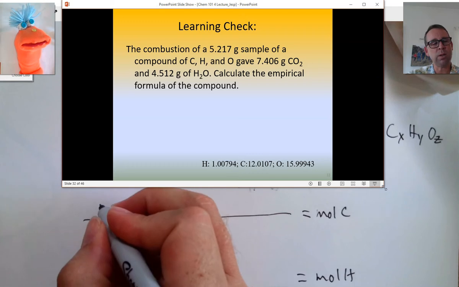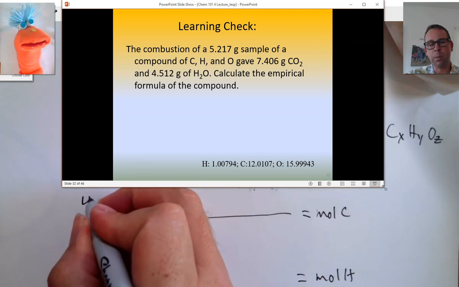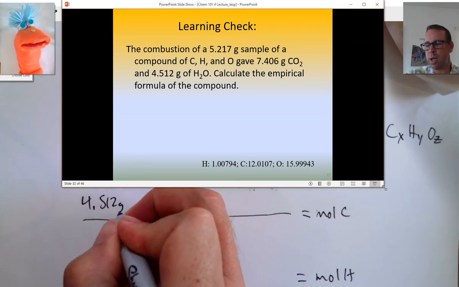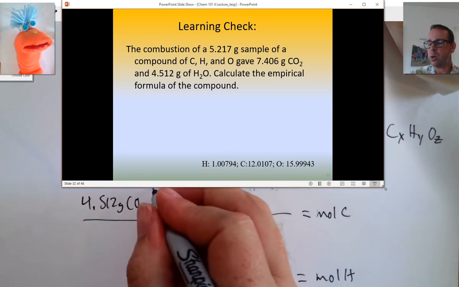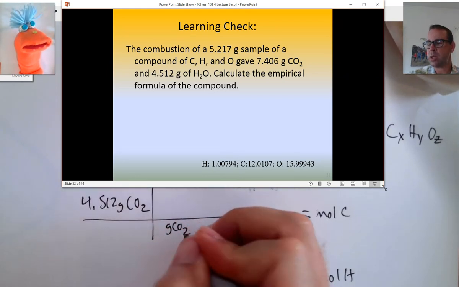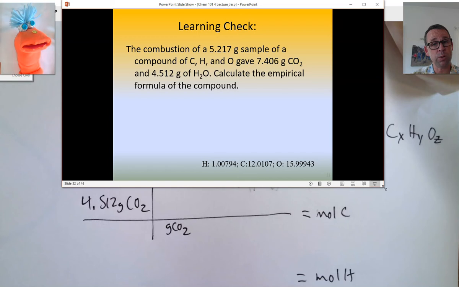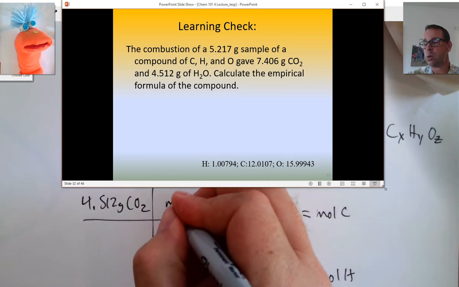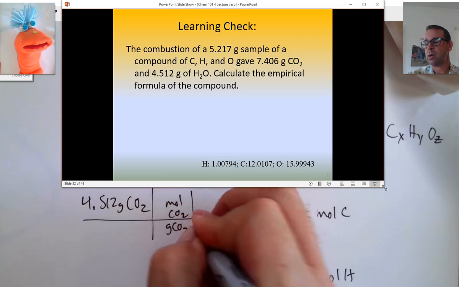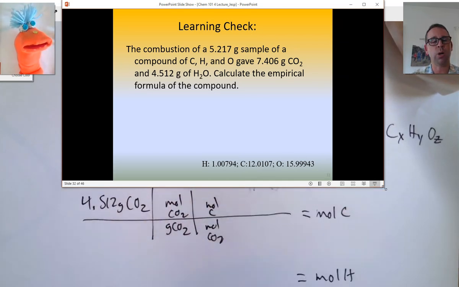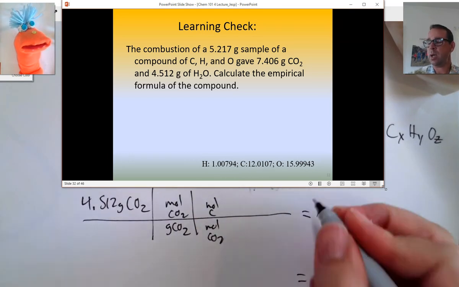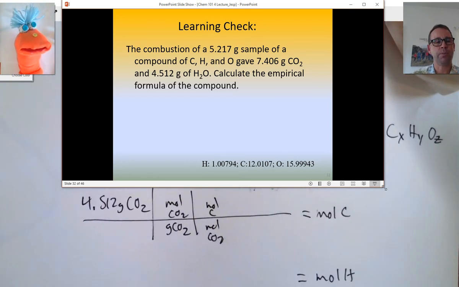So if we start with the 4.512 grams of carbon dioxide, we can go from grams of carbon dioxide to moles, because when we know moles of carbon dioxide, we know how many moles of carbon there must have been. So I can go to moles of carbon dioxide, and from moles of carbon dioxide, I go to moles of carbon. And there I am. I'm already in moles of carbon.